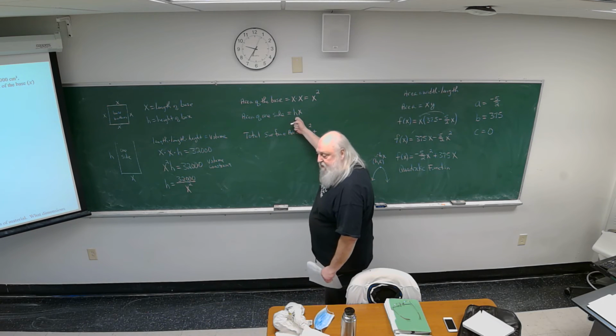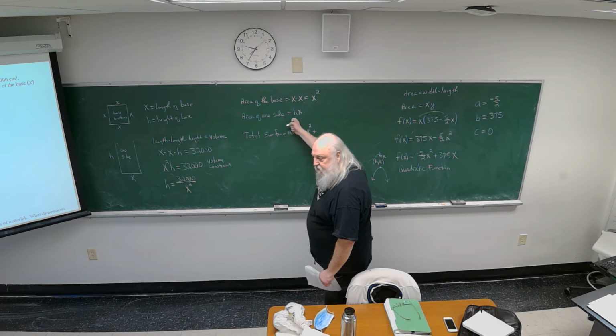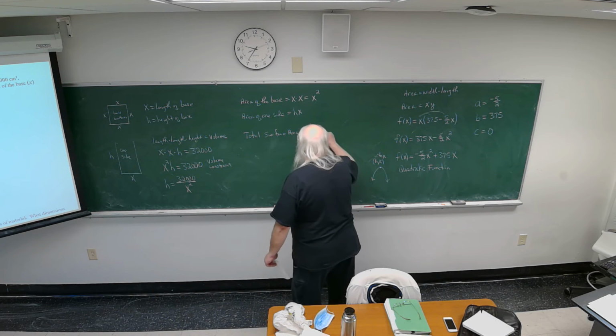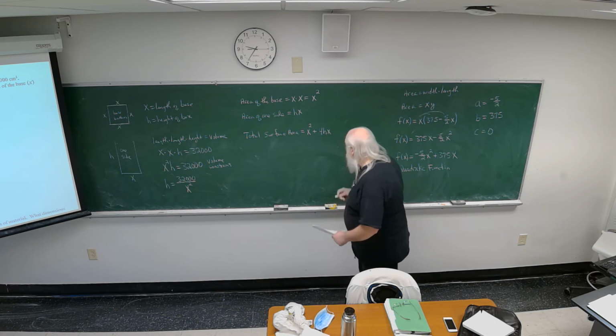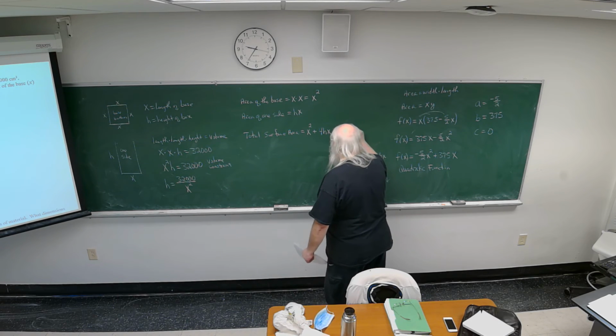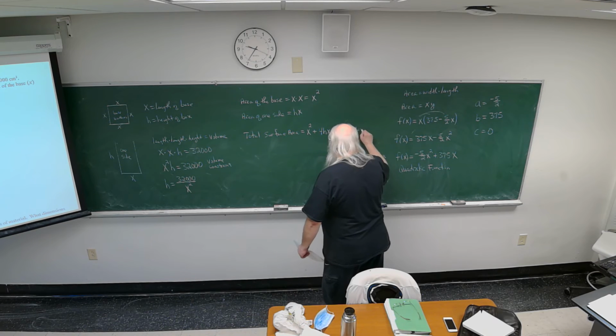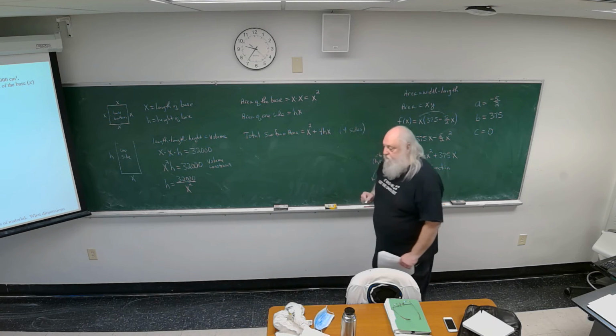One side is h times x, so the area of four sides is 4 times h times x. But note here in parentheses, there are 4 sides to this box. Okay.